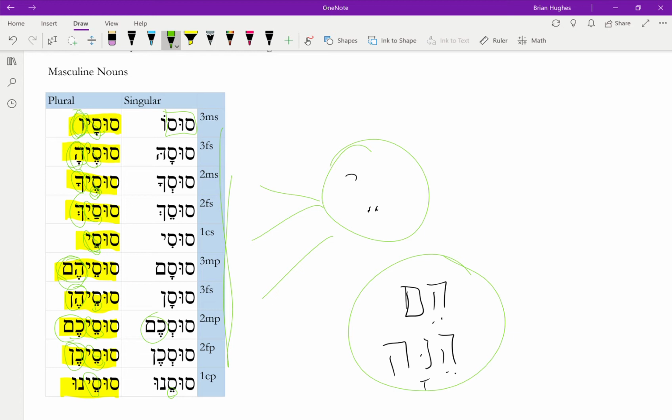Seeing the holem, the hey, the kamets, and all the way down, just remember to look for whether your noun is singular or plural. Thankfully, in the masculine plural form we have that tsere yod, which is a very helpful thing to spot, very common in construct forms in the Old Testament.